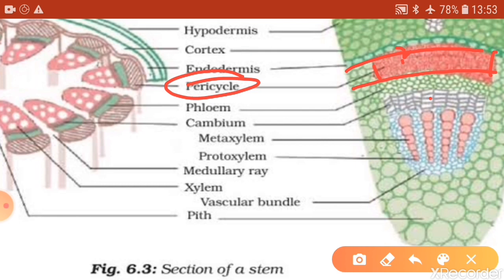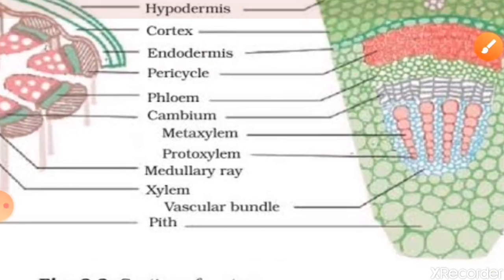So you find sclerenchyma present just above the vascular bundle, then you'll have parenchyma, and then again you'll have sclerenchyma. So there you find sclerenchyma alternating with parenchyma. This forms the pericycle. Then below the pericycle you find these vascular bundles present.